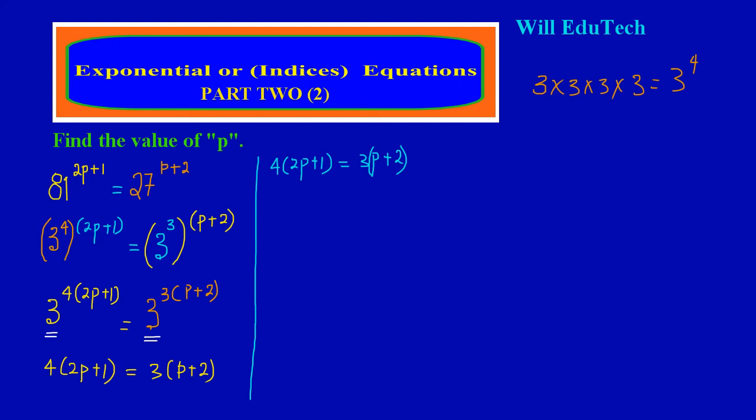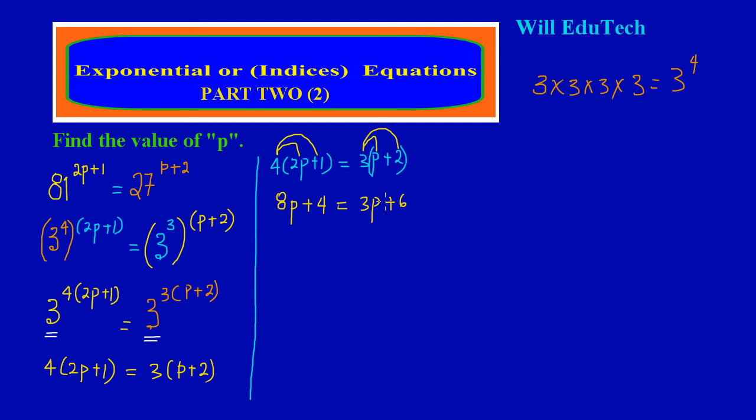So what this is saying essentially, guys, I'm just going to remove the brackets by saying 4 times 2p, and that will give me 8p, okay? And then I'm simply going to say 4 times 1, and that will give me a positive 4, and that is equal to 3 times p will give me 3p, okay? And 3 times 2 will give me a positive 6, okay?